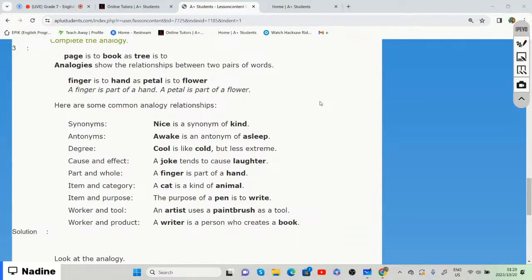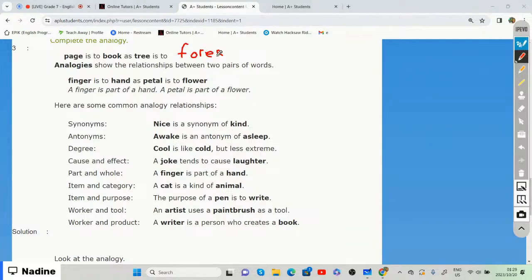So basically, a tree is to forest. Because if we find pages in a book, then a tree you will find in a forest. You cannot say a tree in a garden because a garden is something small. We find pretty flowers in a garden, but trees we mainly find in the forest.